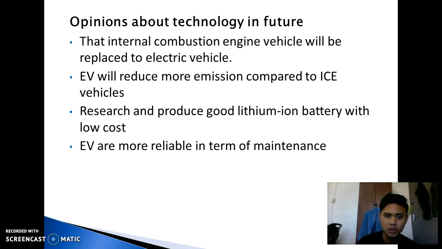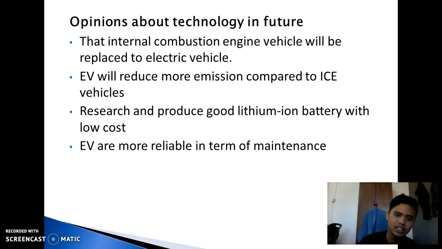Due to the continuously increasing fuel price, it is not impossible that the internal combustion engine will be replaced. The internal combustion engine will be replaced by the electric vehicle, because an electric vehicle just uses electricity, and we know that electricity is lower cost than fuel.